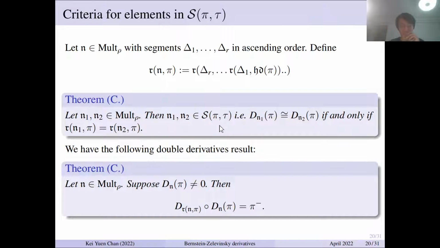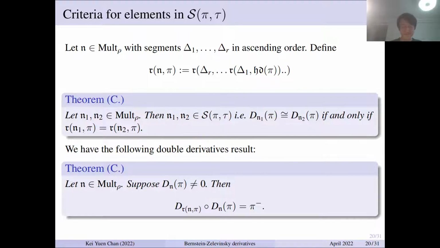If we have two derivatives which give you two multisegments, and give you the same derivative on pi, then the multisegments obtained from the R process have to be the same, and the converse is also true. That basically says that R keeps a record of a lot of the information of those derivatives on a multisegment. And the property is important.